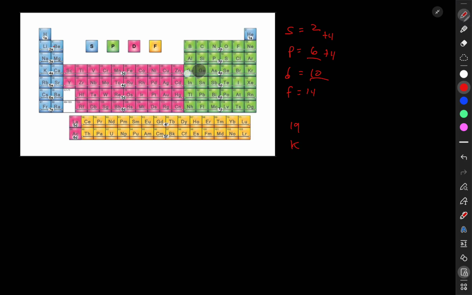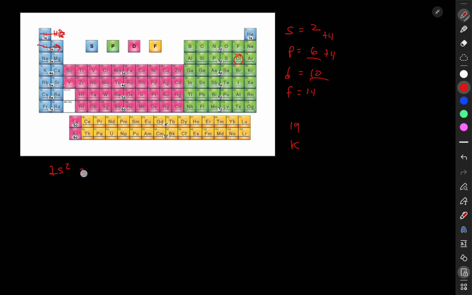Let's see. Let's try chlorine. So again, you go from left to right. So this is filled up.